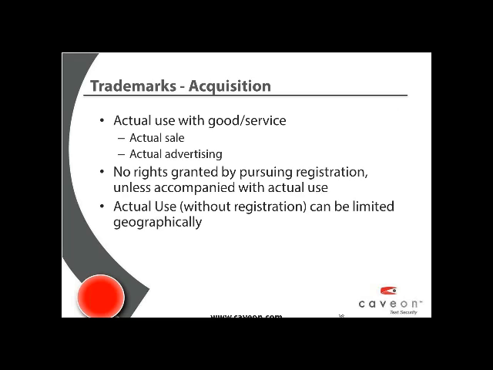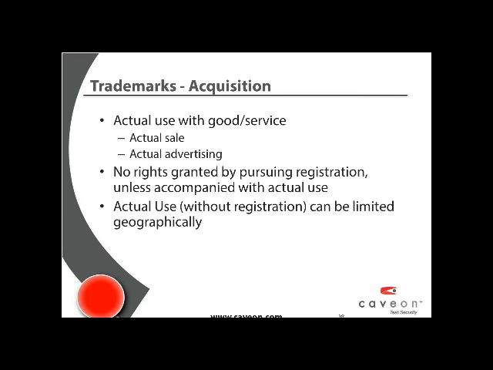You acquire trademarks by actually using that trademark with a good or service in either sales or advertising. So if Ken wants to sell shoes, I sell Ken's shoes. As long as I start saying these are Ken's shoes, which is the Ken brand of shoes, then I start garnering trademark rights.